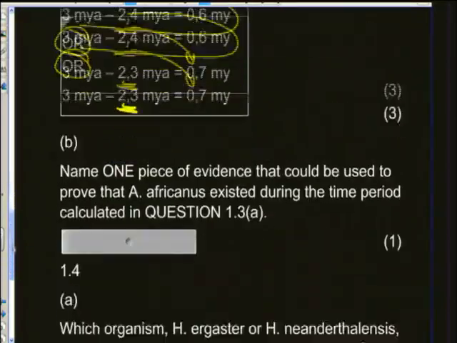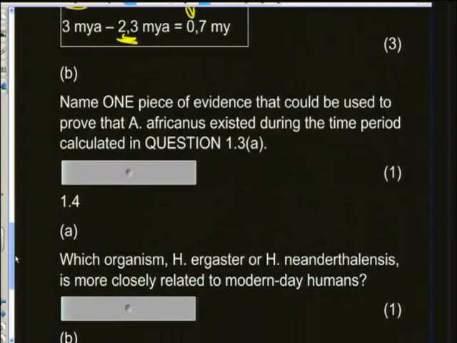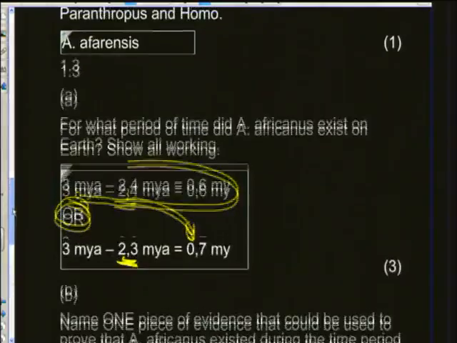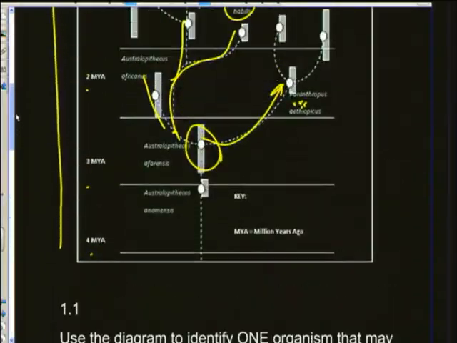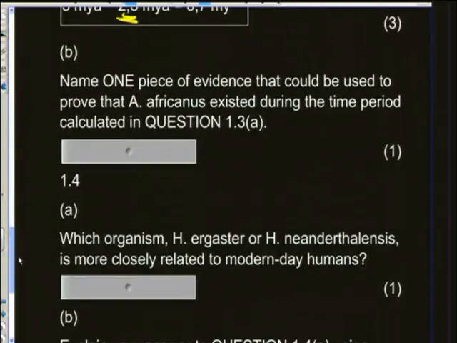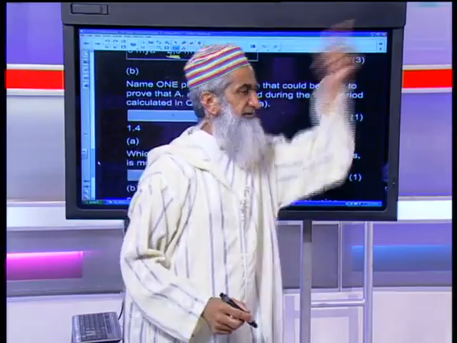Okay? Name one piece of evidence that could be used to prove that Australopithecus africanus existed during the time period calculated in 1.3. One piece of evidence that could be used to show that. You don't need the graph there. How would we know that it was living in that time?